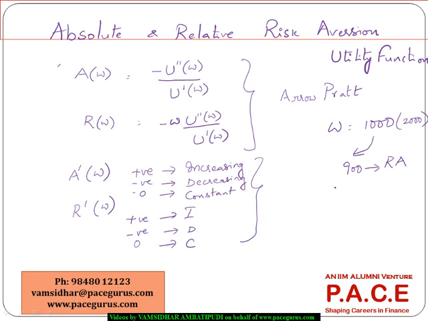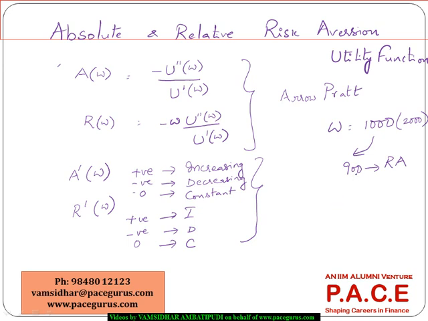As we have seen in the earlier case, his risk aversion levels are going to go down because we see that the certainty equivalent value is actually increasing.